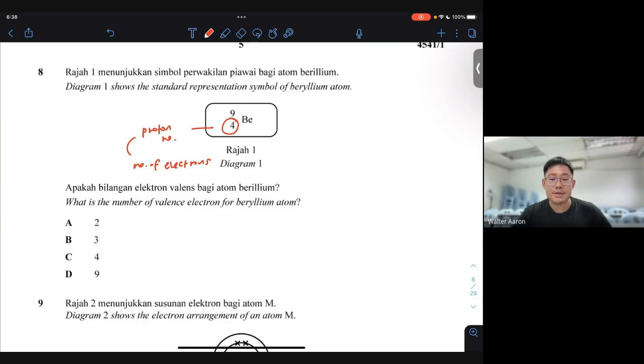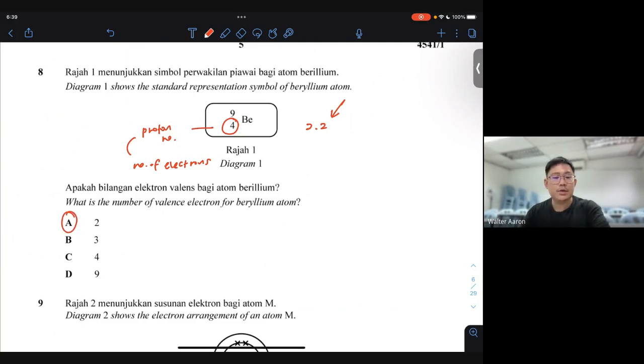So if beryllium has 4 electrons, then the electron arrangement of beryllium will be 2-2. All right, this is the electron arrangement of beryllium. You can see here the outermost shell, which is the valence shell for beryllium, is only 2. Right, so that means beryllium technically has 2 valence electrons. So the answer here will be A.